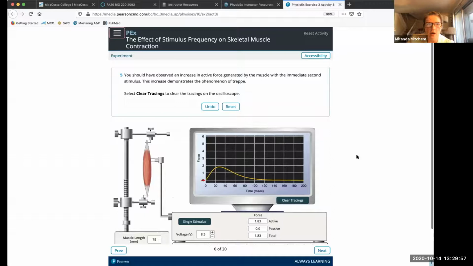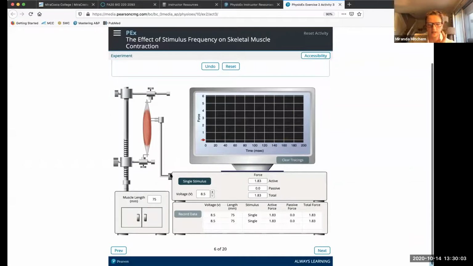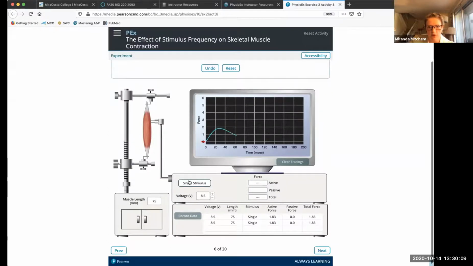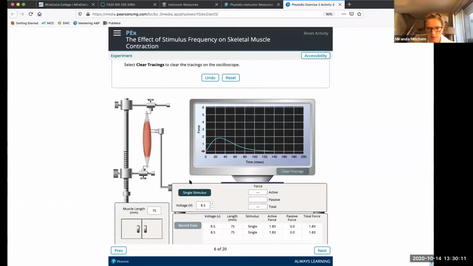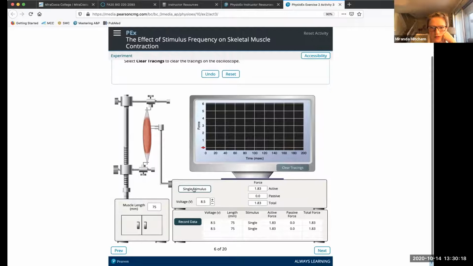And now, well, we should have observed an increase, but we didn't. Let's start over. Let's clear those traces. Okay, so I'm going to start over now. And as soon as it falls down, there, now I've got to do it one more time. Okay, as soon as it gets to baseline, I'm going to hit the single stimulus again.